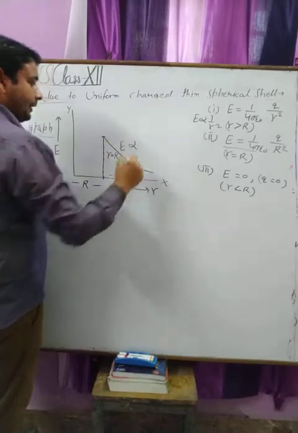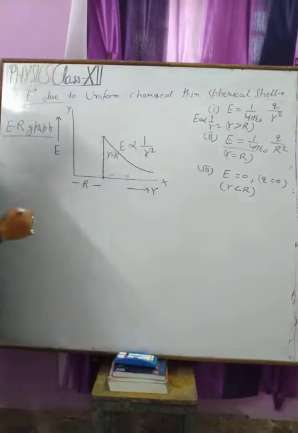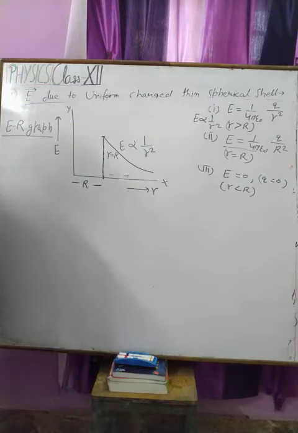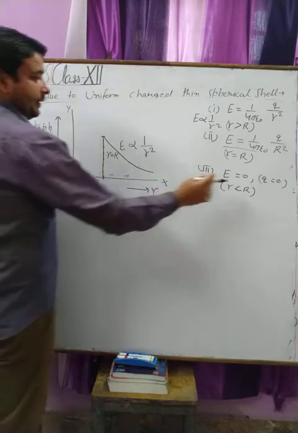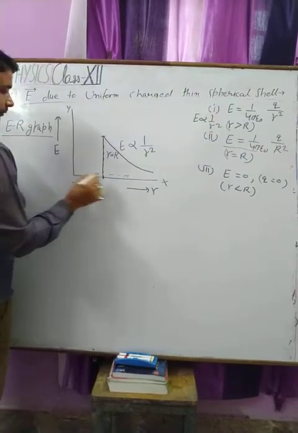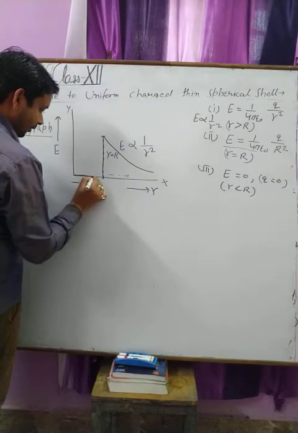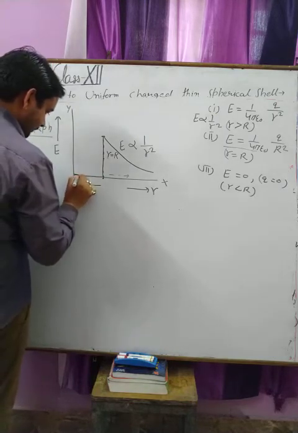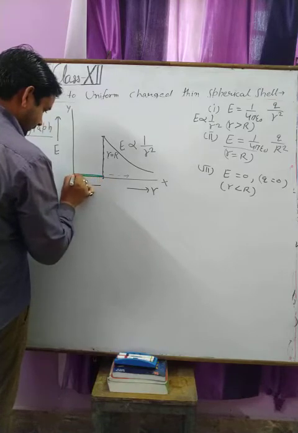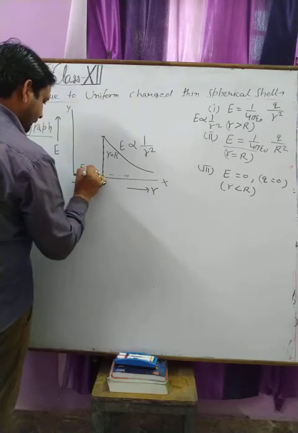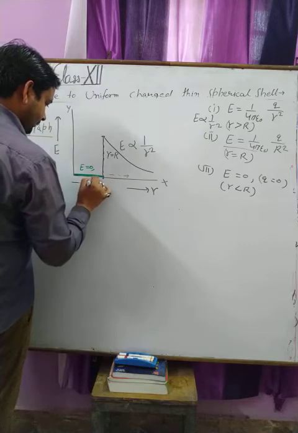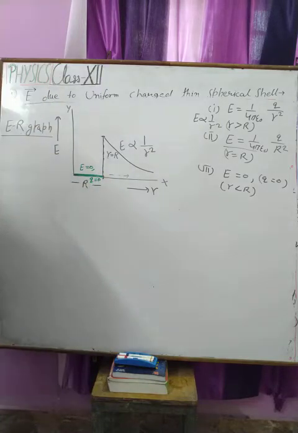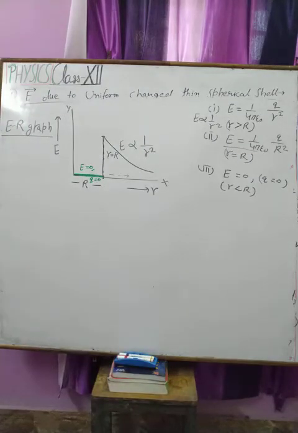E is depleted when r increases in this ratio, but inside there is no charge distributed, so E is equal to 0 because Q is equal to 0. This is the graph for the thin spherical cell which is uniformly charged. Copy this graph.